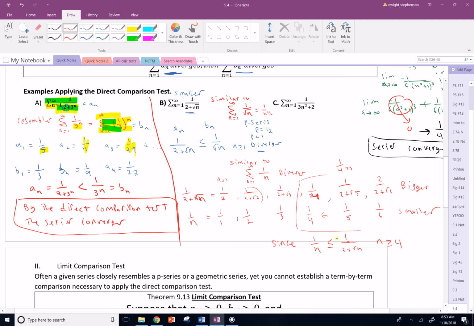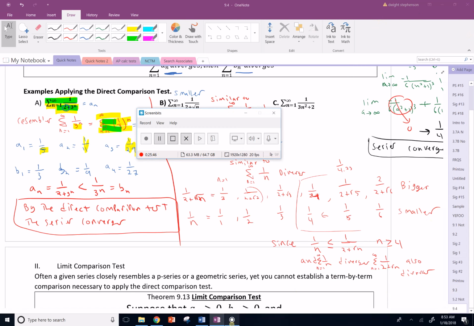Since 1 over n is less than this, and 1 over n diverges, the series 1 over 2 plus square root of n also diverges. You know, that one took a little bit of working with, but you can see how that might come up sometimes. Okay, so let's look at that last one if we have space.